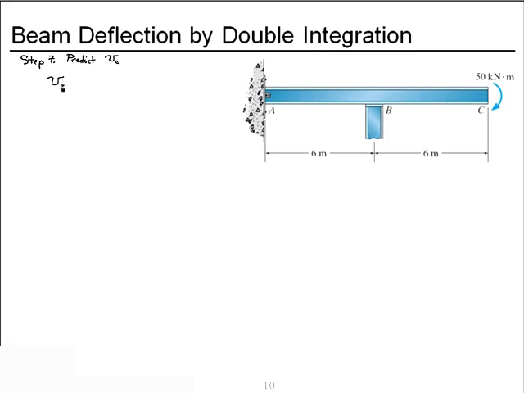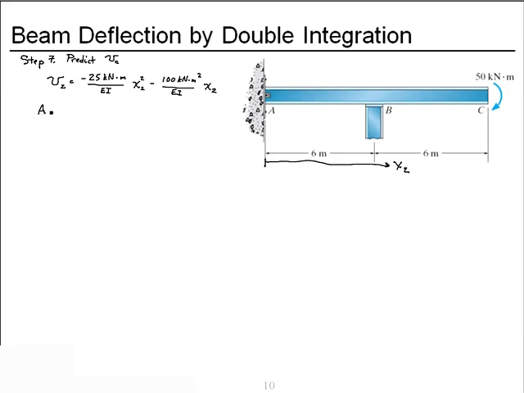So we ultimately discovered that the vertical deflection in the range of x2, which runs from B to C, is given by minus 25 kilonewton meters over EI times x2 squared minus 100 kilonewton meter squared over EI times x2.